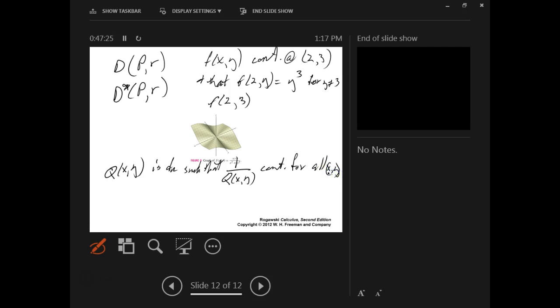Okay? Now, which of the following statements are true? A. I'm probably wishing I had written this, erase the other stuff first. Q of xy is continuous for all xy.